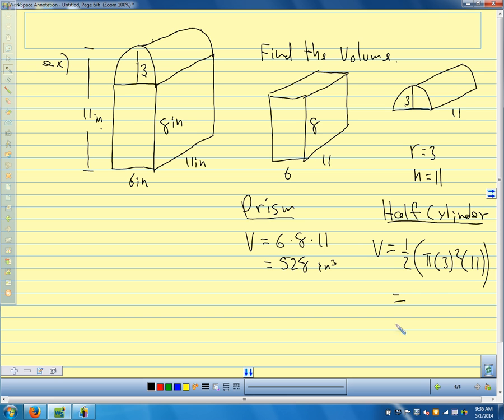So this is 99 pi divided by 2. So 99 divided by 2, and multiply that by pi, and I get about 155.51. So I'm just going to say 155.5 inches cubed.